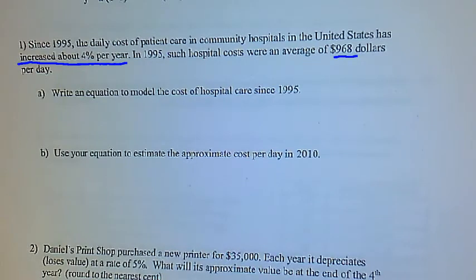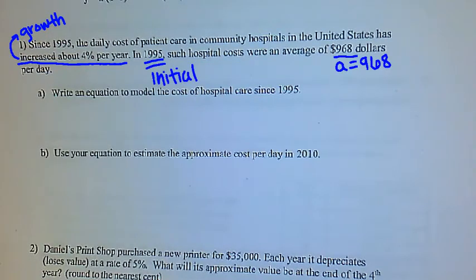So the first thing we know, this is going to be growth because it's increasing. This is going to be our A value right here, because 1995 is our initial year.